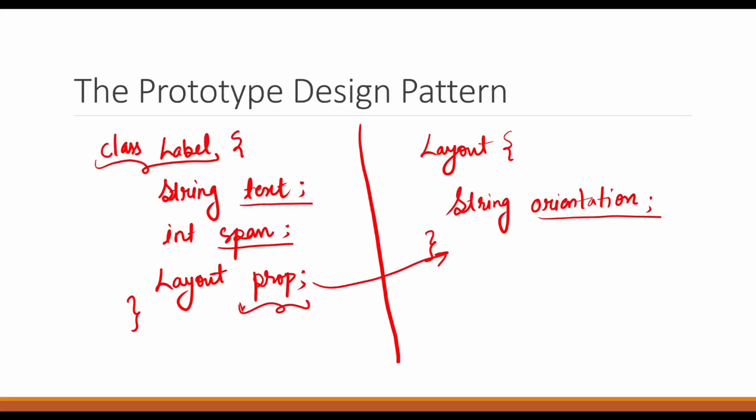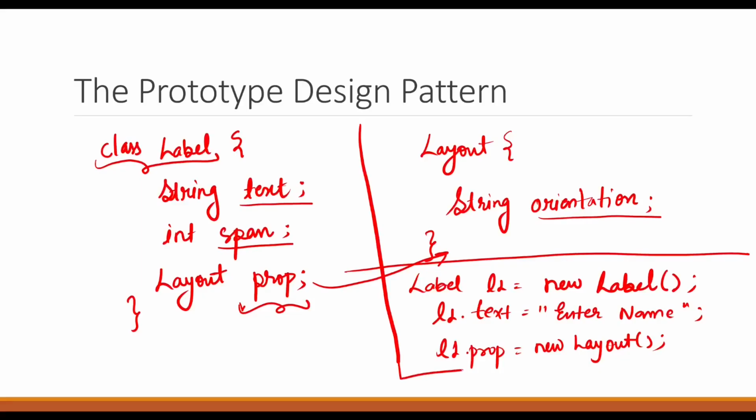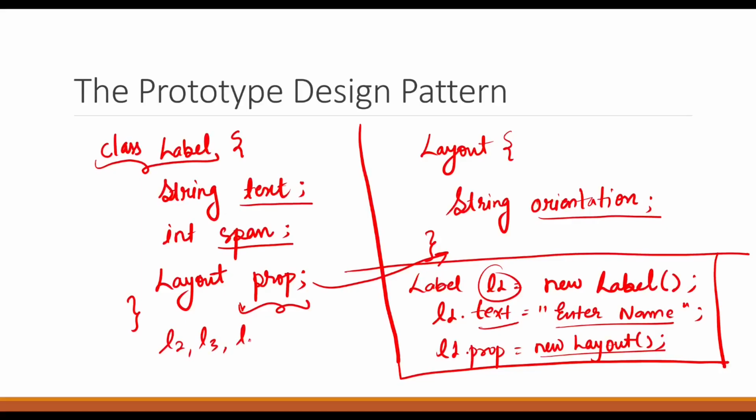Now suppose you would want to create a new label in your programming. So I'm just going to write some pseudocode over here. This is how I'm going to create a label. This is a label that I have created, L1. This has a text of enter name and it has a layout. Now suppose I want to create 5 labels just like L1, so L2, L3, L4 and L5.